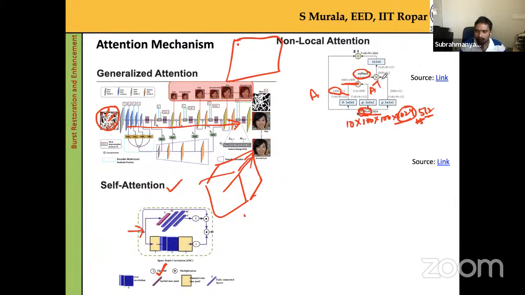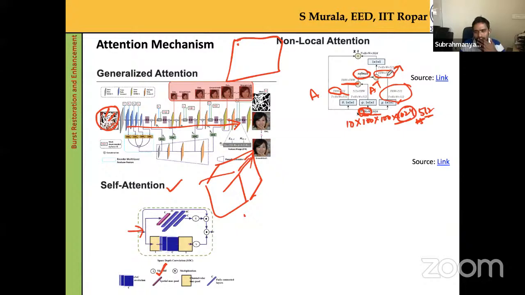Okay. So once I apply this, you are getting THW by THW. And then again here I am having one more convolution, which is THW by 512. If I multiply again with this, I will be getting again the same size, THW by 512. On that, if I apply reshaping back, I will be getting T by H by W by 512.